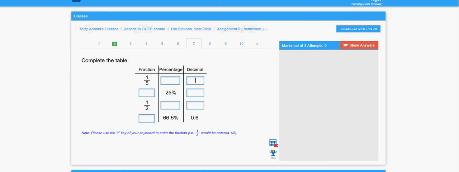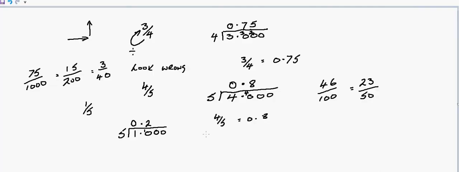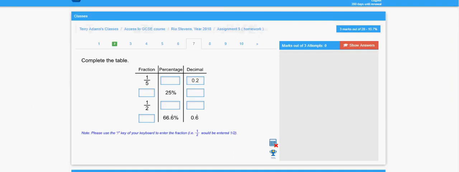So we know as a decimal it's 0.2. As a percentage, remember the decimal point will go back 2 places. So we go 1, 2. There's nothing here, so we put in a 0, so we get 20%.